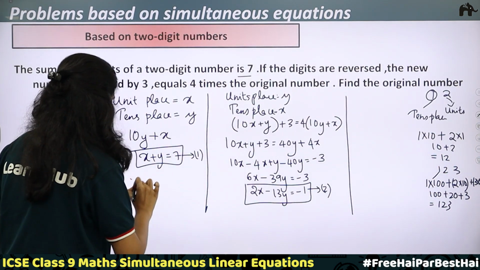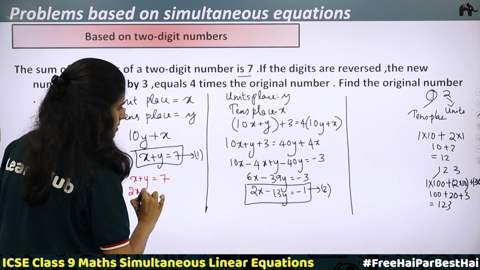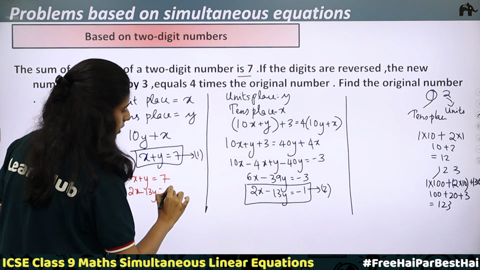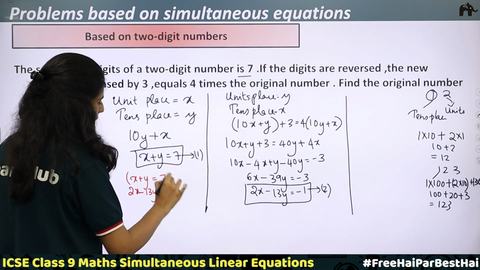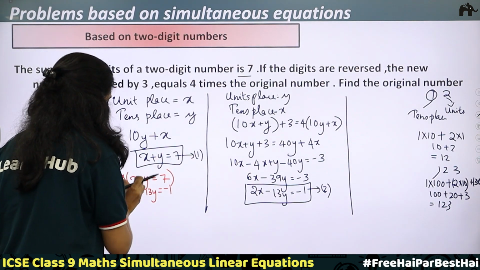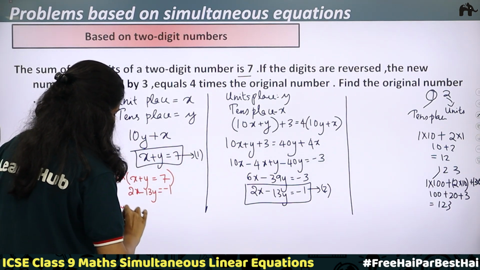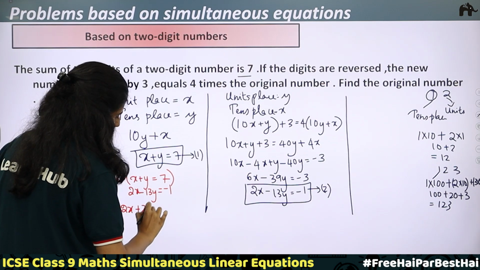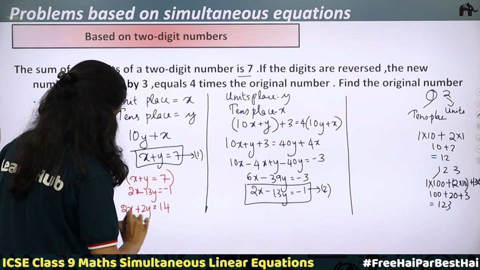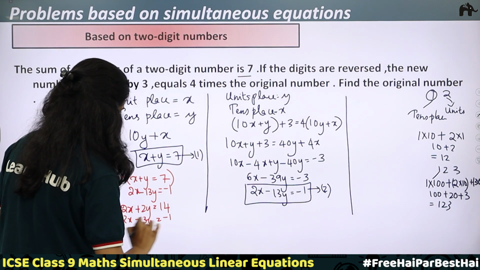First equation, x plus y is equal to 7. Second, 2x minus 13y is equal to minus 1. Multiplying throughout the first equation with 2 to make the x containing terms of first and second equation same. Okay, then you will get 2x plus 2y is equal to 14. 2x minus 13y is equal to minus 1.